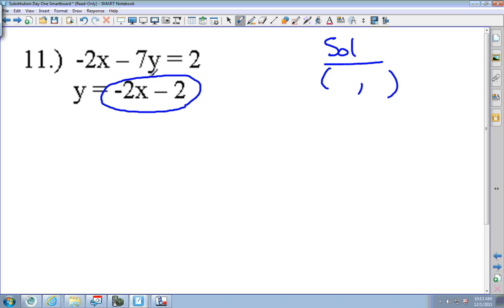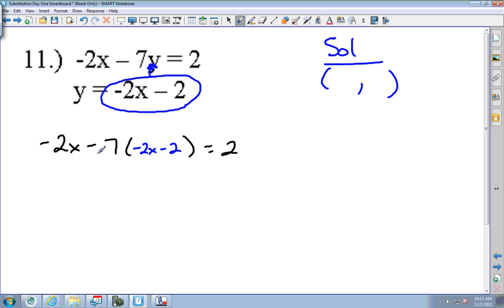Circle this. This is what's going in here for y. I get negative 2x minus 7 times y. Instead of y, what are we putting in there? Negative 2x minus 2, and that equals 2.